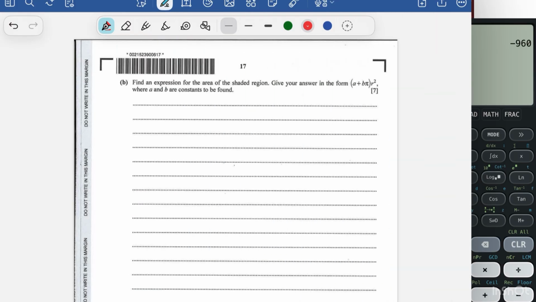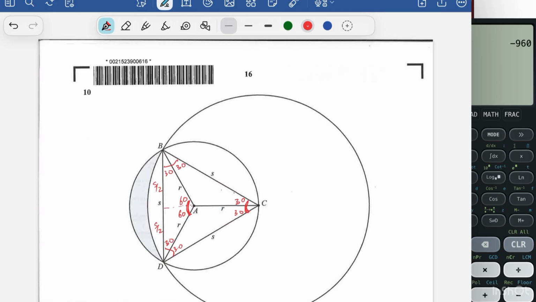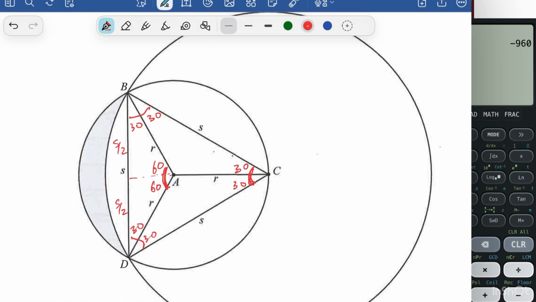All right, so we're told to find an expression for the area of the shaded region, giving your answer in the form of this. Okay, find the area of the shaded region. So how do we find the area of the shaded region? All right. Okay, let's see how we can find the area.